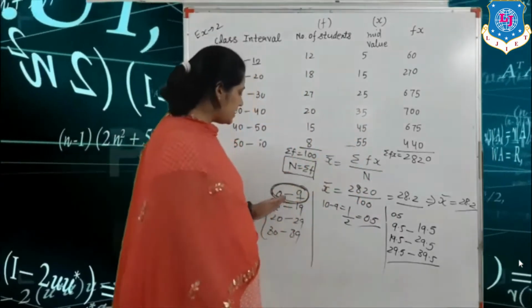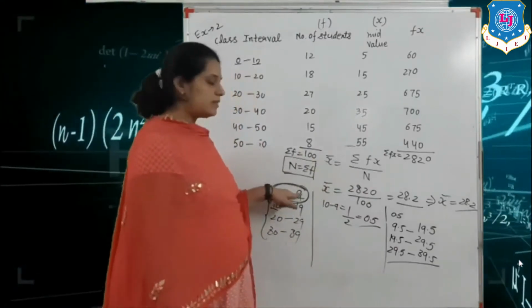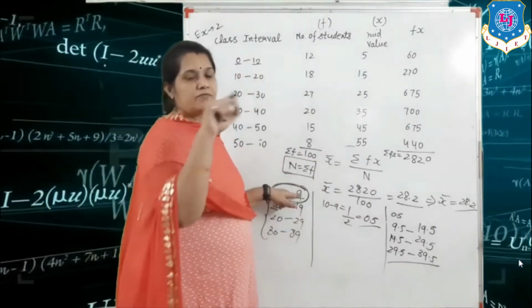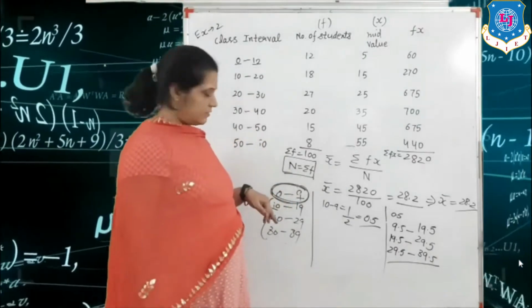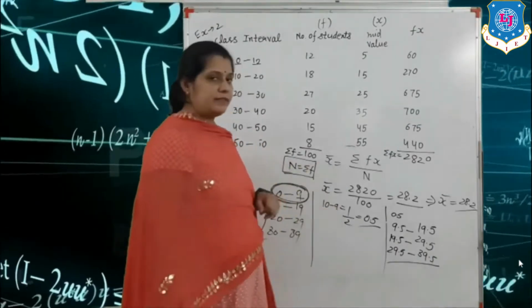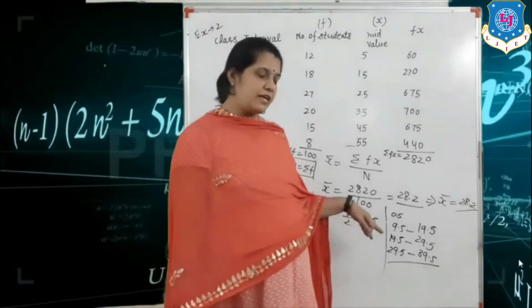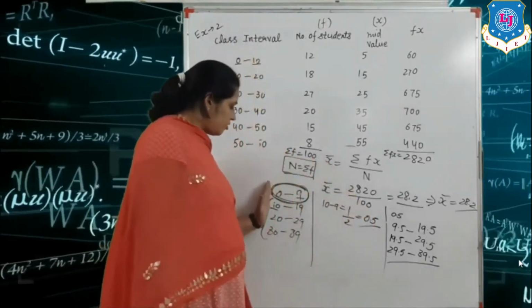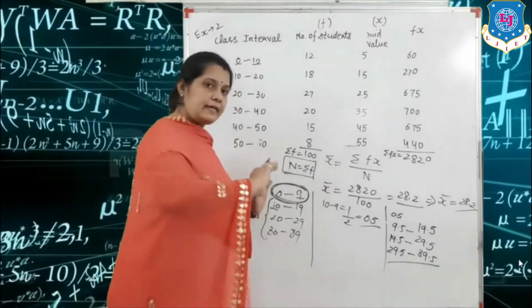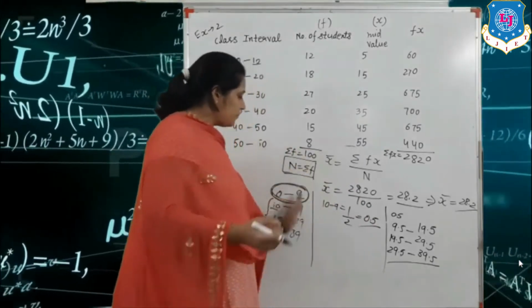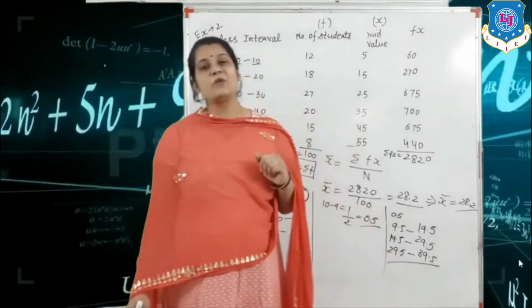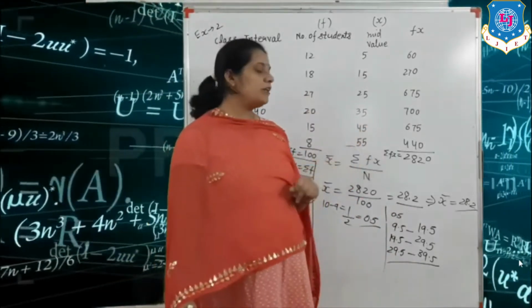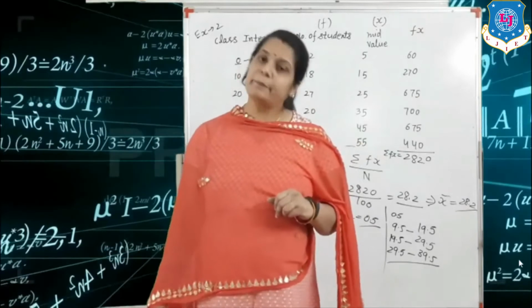So always subtract the upper limit of the first class interval from the lower limit of the second class interval, and divided by 2, we get 0.5. So subtract from all the lower limits and add to all the upper limits. So this interval is converted into the exclusive form. This is the example of the arithmetic mean.